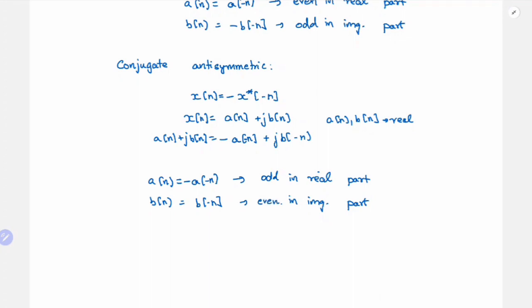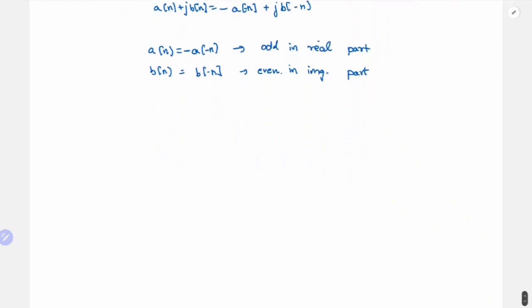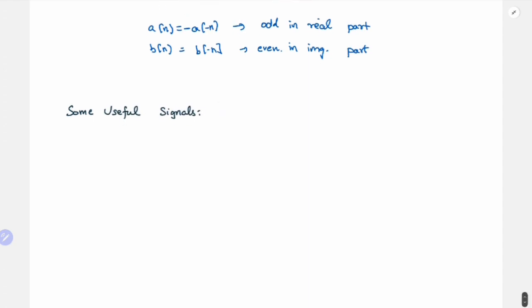So as our final topic for today, we have to study the useful signals. So some useful signals. The first signal we'll be seeing is our unit impulse signal.